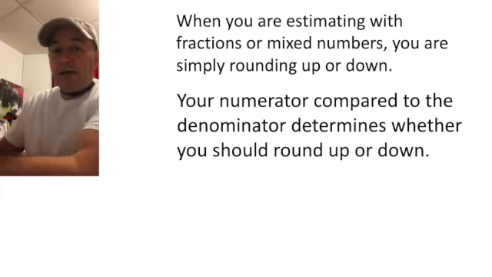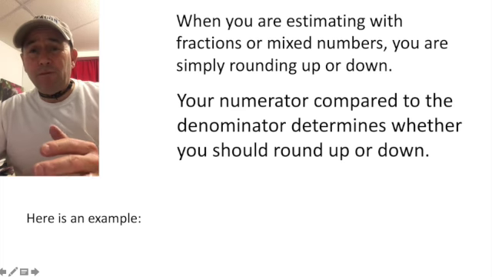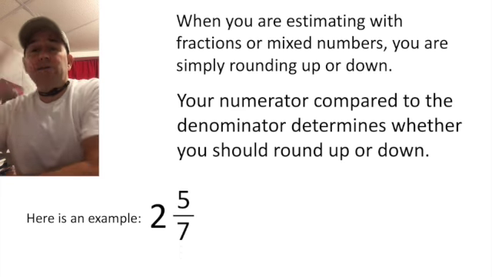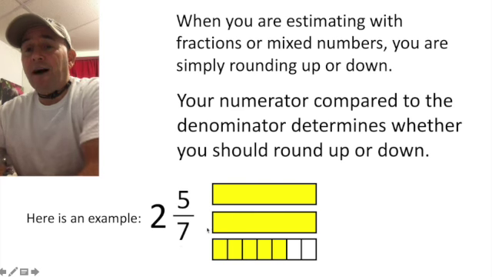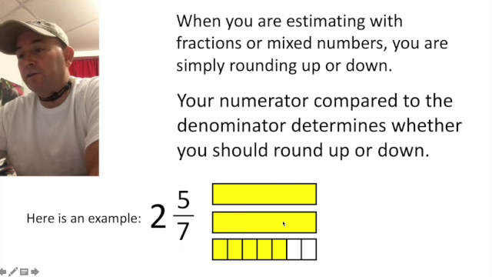So, back, okay? All right, so anyways, kids, do you want me to show them a model of what this actually means, an example? Okay, so let's look at 2 and 5/7. Well, 2 and 5/7 means that you have 2 full units and 5/7 of one of those units.